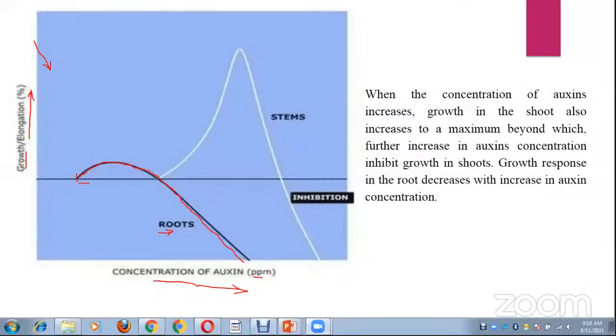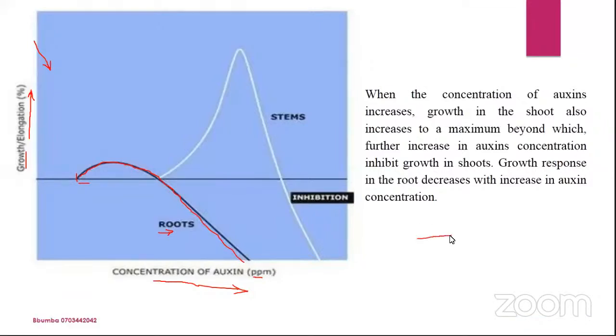And that's why I was saying that auxins have an effect. Remember the other experiment of geotropism. The experiment of geotropism was showing you that, okay, if this was the seedling, assuming this is the seed and this is the root part of it.